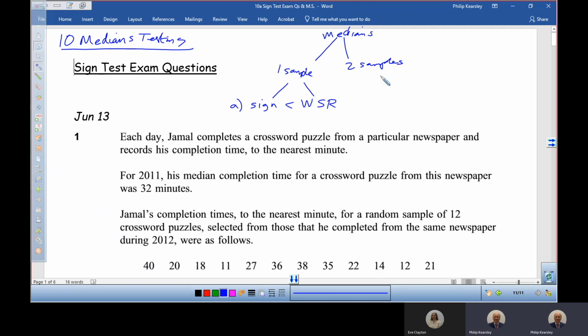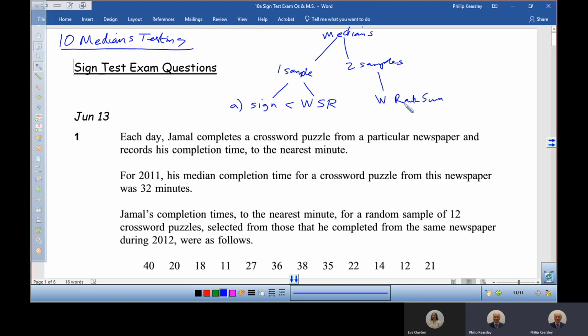If you do have 2 samples, you are forced into the Wilcoxon rank sum technique. So this is sign and rank, which is better than just sign, just the signs.